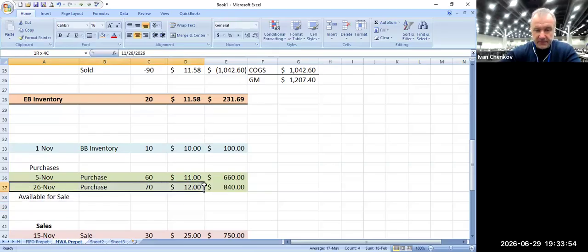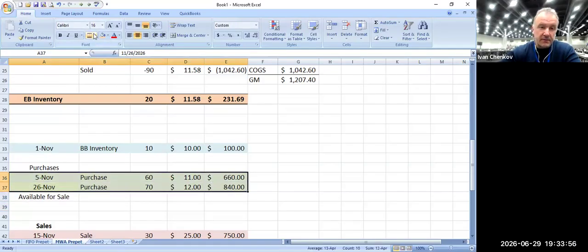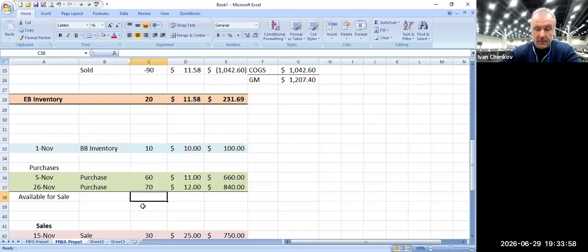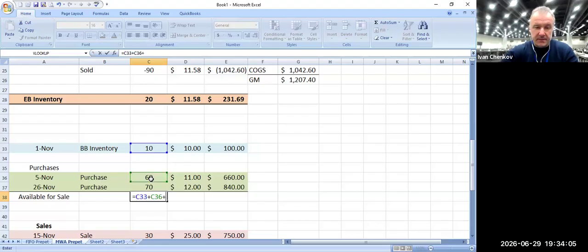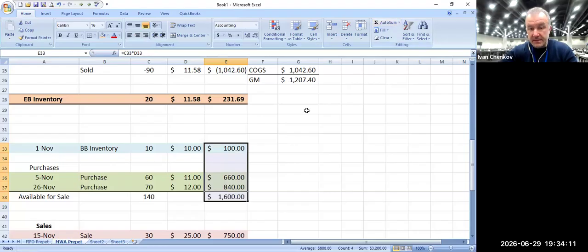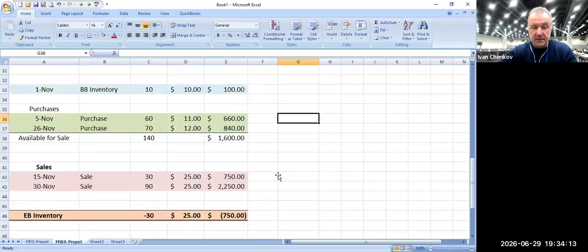And our available for sale is the same amount that we had before in the first in, first out. 10 plus 60 plus 70, 140. The total cost is the same, 1,600.